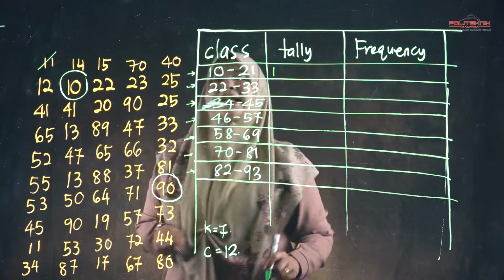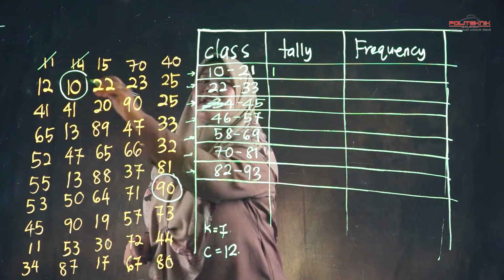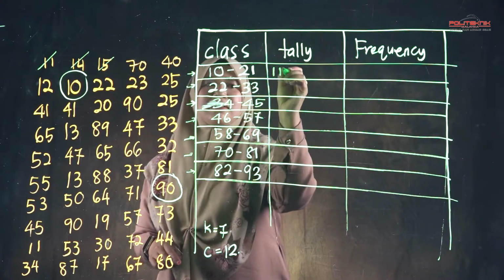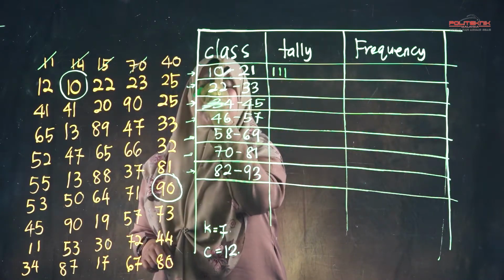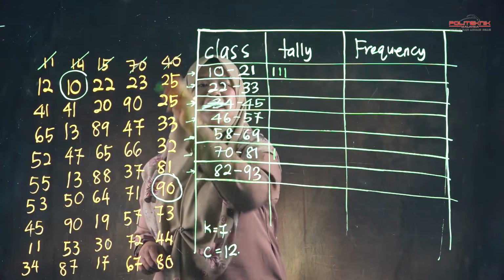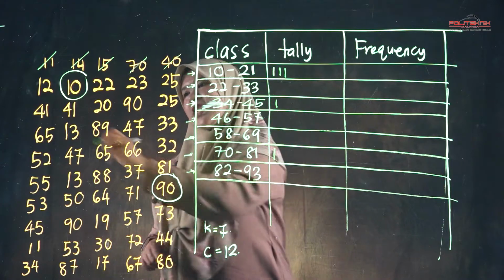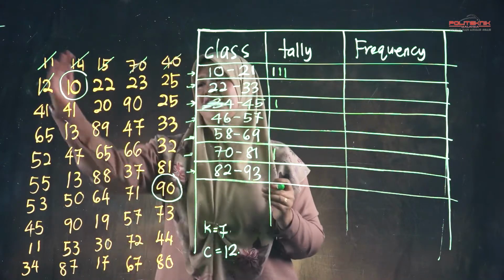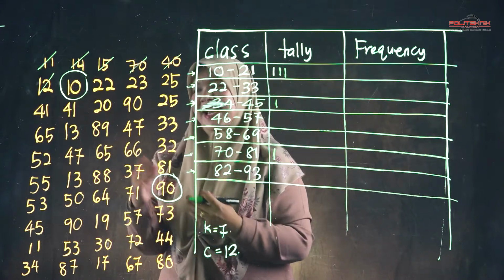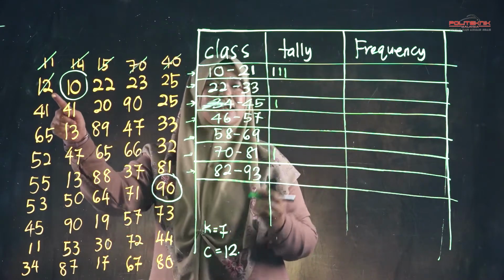Done. Next is 14, which is going to be here. 15 here. 70 is located here. Just put it down here. 40 is going to be right here. You need to transfer all the data into here, so give me a minute. I want to transfer the data first.